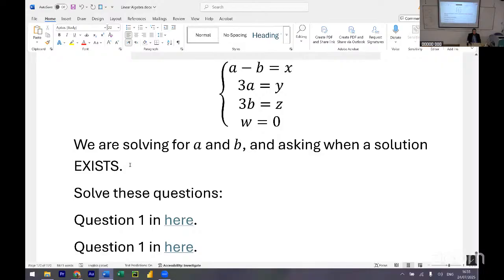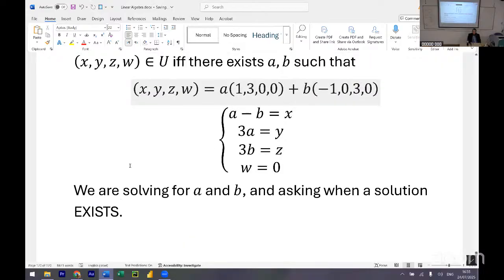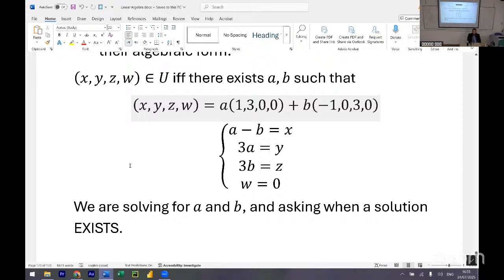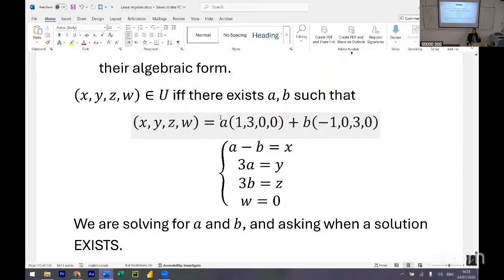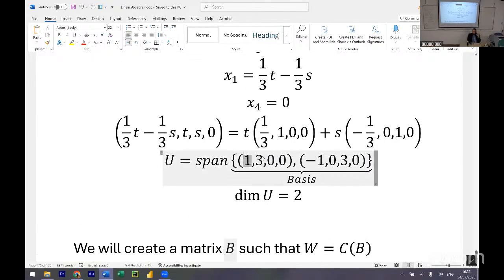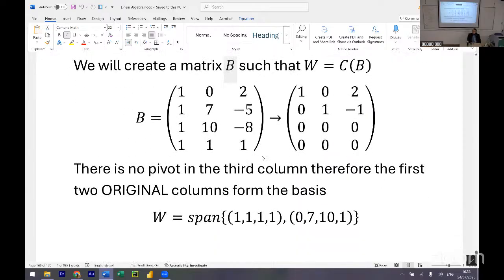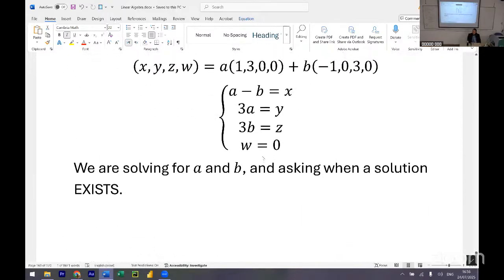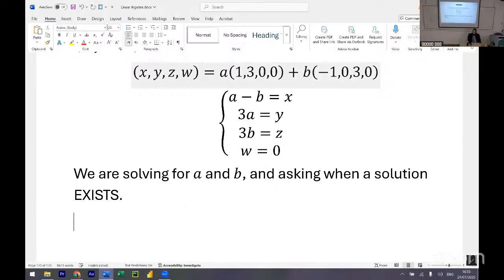Okay? So I'm going over it slowly, I hope. But that's the method we always do. The only thing that changes is the vectors in the span, their number, the size of the vectors, but it doesn't really matter. You always do the same basic process to get to the algebraic form. Yes, Thomas, what is next? I was going to ask, in theory here you don't really need to have it in echelon form, but it's better to do it because it's the same thing we always do, right?